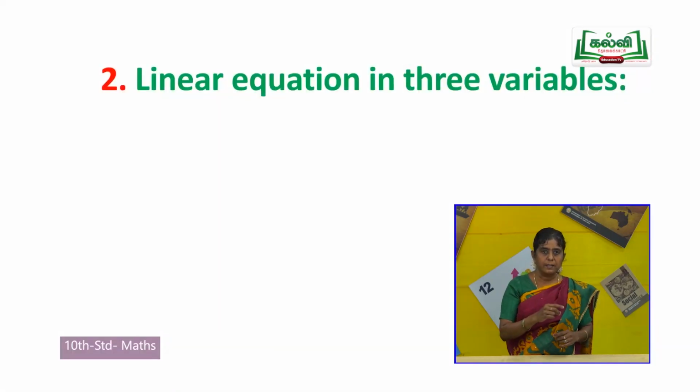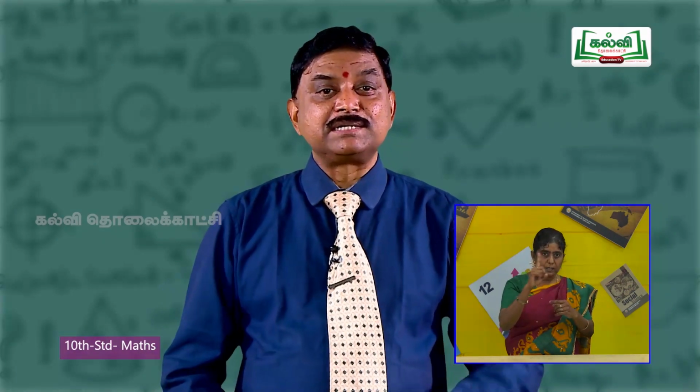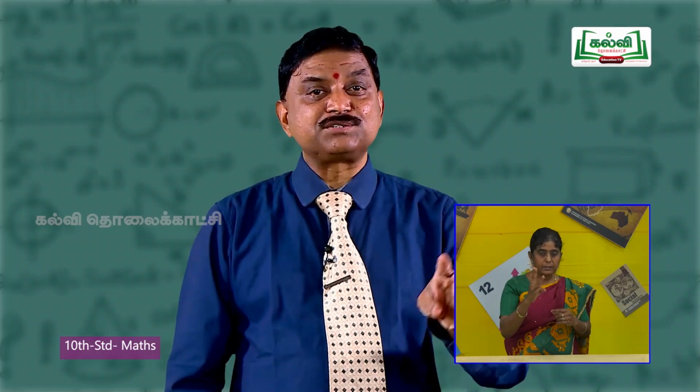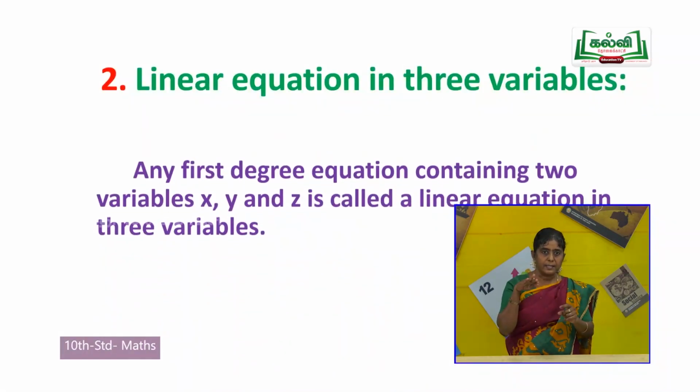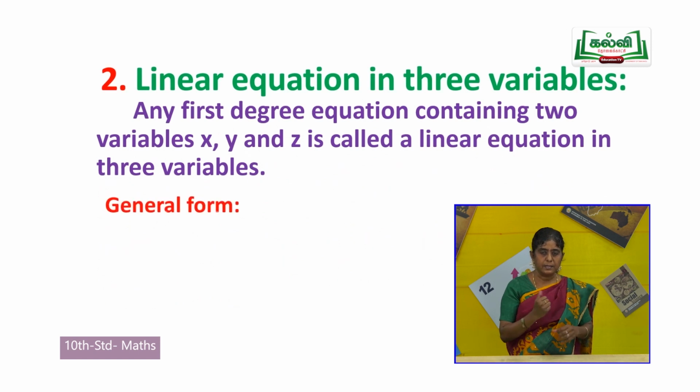Let's see what a linear equation in three variables is. It also should be a first degree equation, but containing three variables x, y and z. So, any first degree equation containing three variables x, y and z is called a linear equation in three variables. Shall we see the general form?